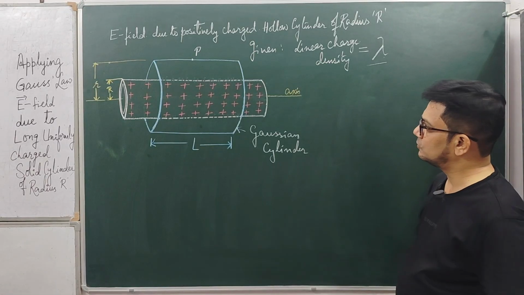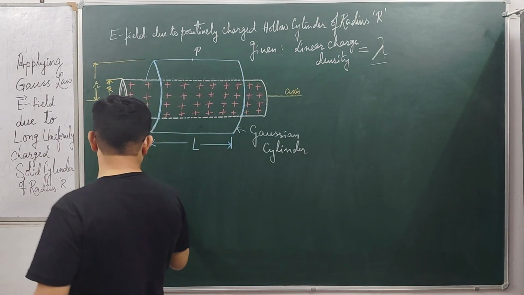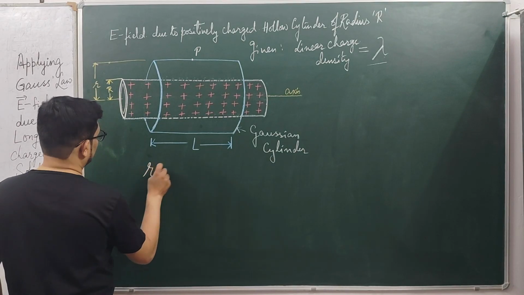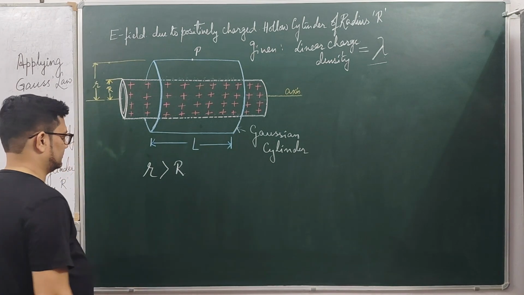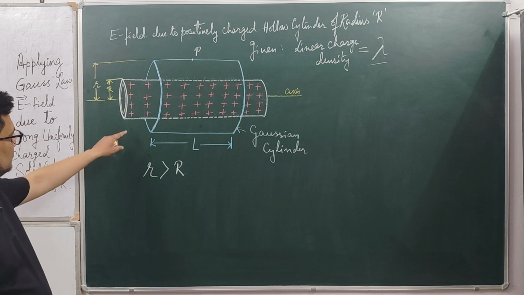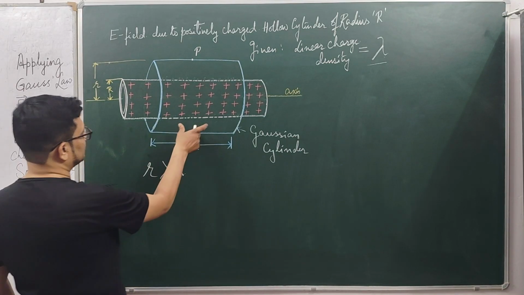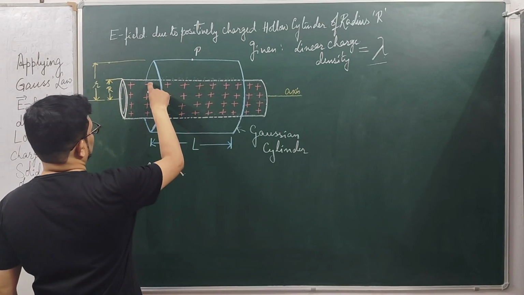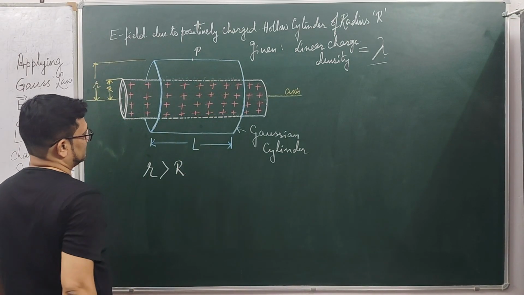So what should be the approach for the scenario when we have small r greater than the radius of the cylinder? We'll look into this Gaussian surface and try to find out how many surfaces it has. So it has two flat surfaces and one curved surface.